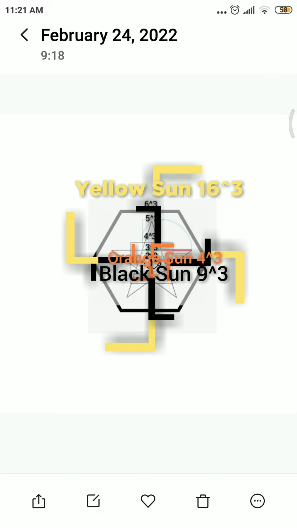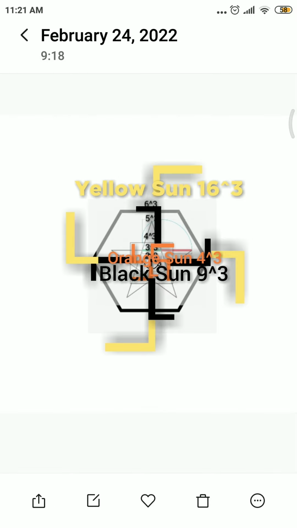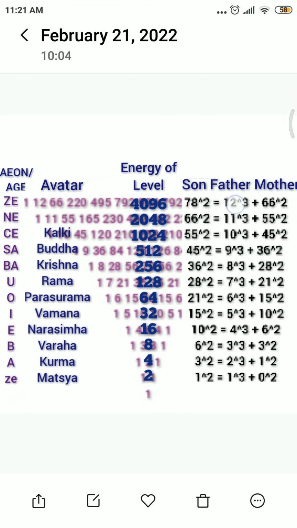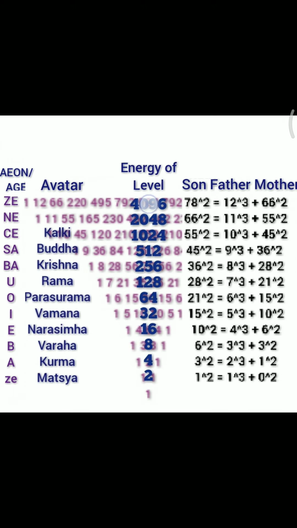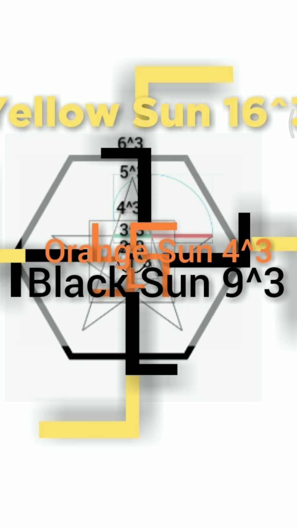Between 9 cube and 16 cube, there is a white sun also. Because I always explain at the 12th level itself, you get 4096, meaning 16 cube. So there is one more sun missing here, the white sun. After the black sun 9 cube, there is a 12 cube, and after that we have the 16 cube.